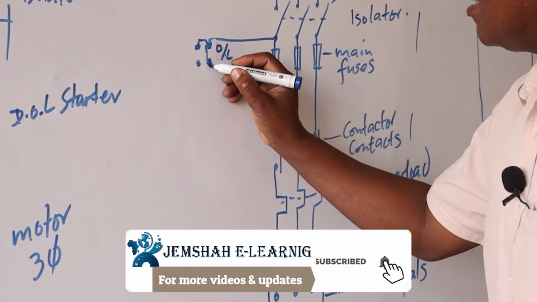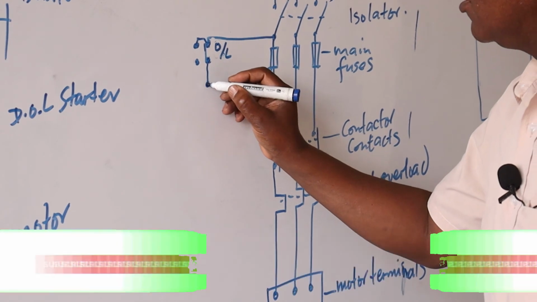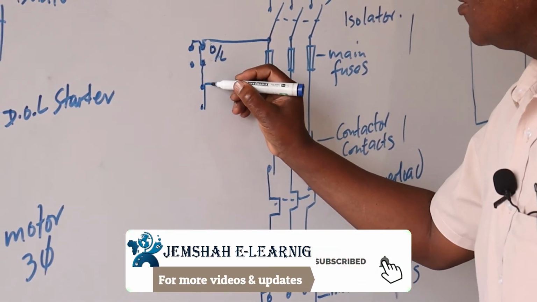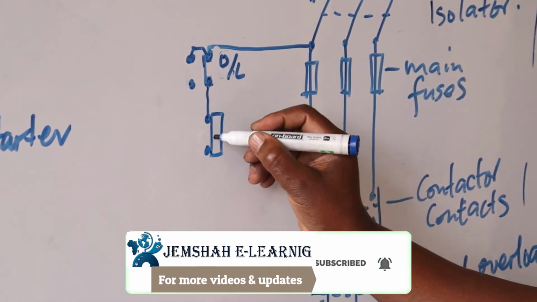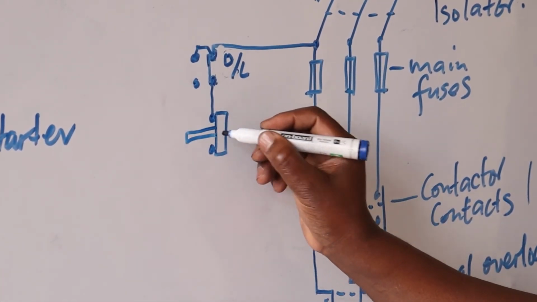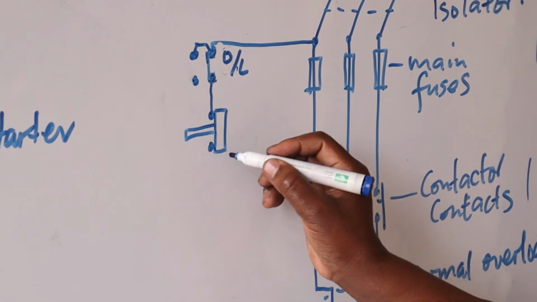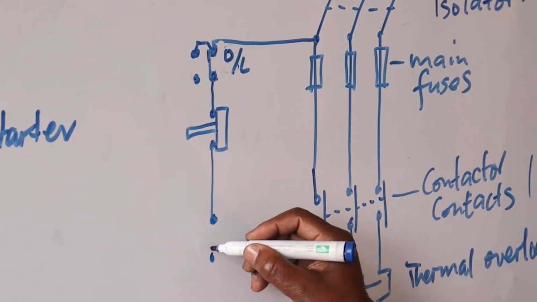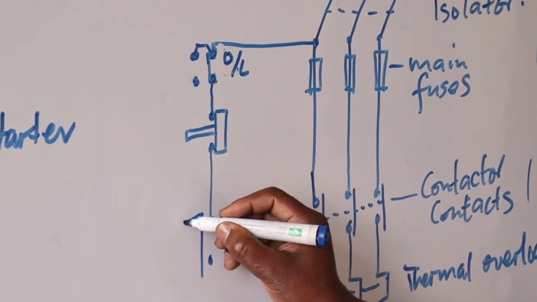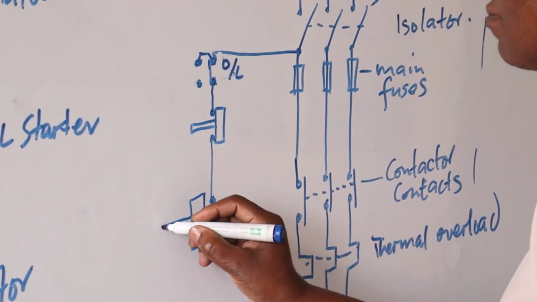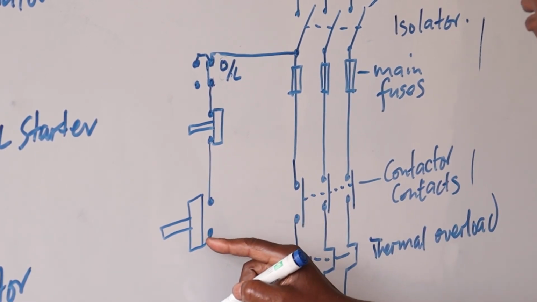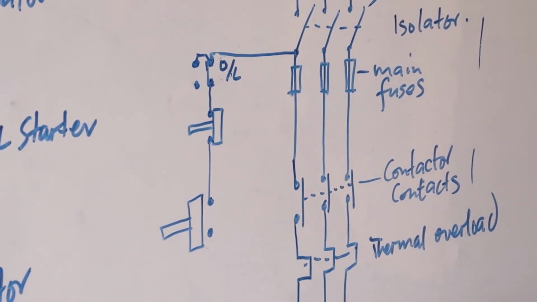Then we said there must be facility for stopping or starting our motor. So we have a stop push button. And then I have my start push button. With the start, this one is spring loaded.